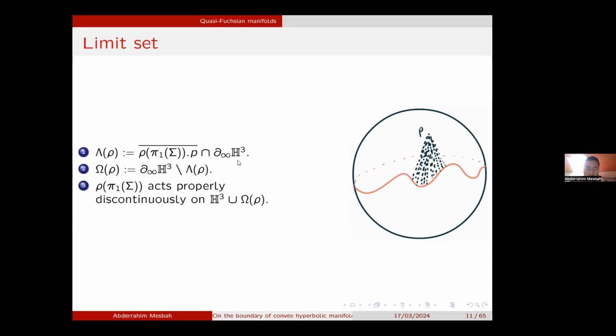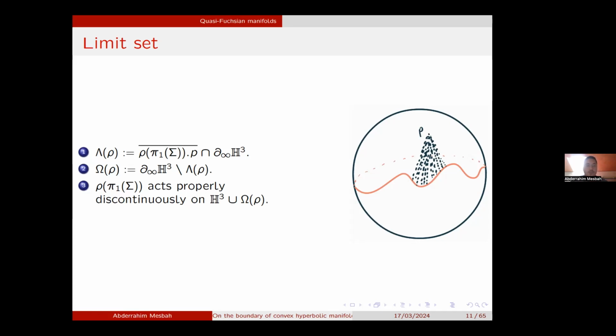And we define the limit set to be these accumulation points in the ideal boundary. It also happens that this notion doesn't depend on the initial point that we take. If I take another point here, we will have the same limit set.